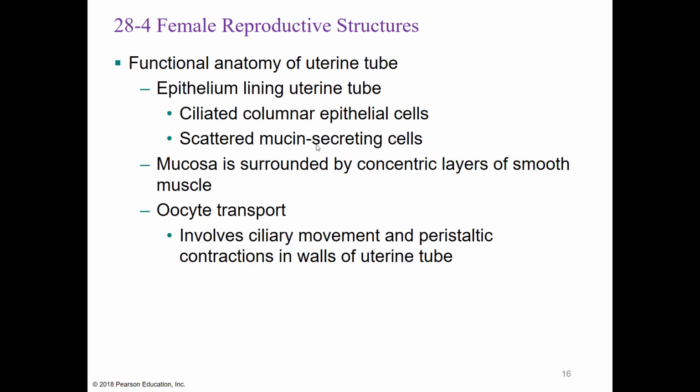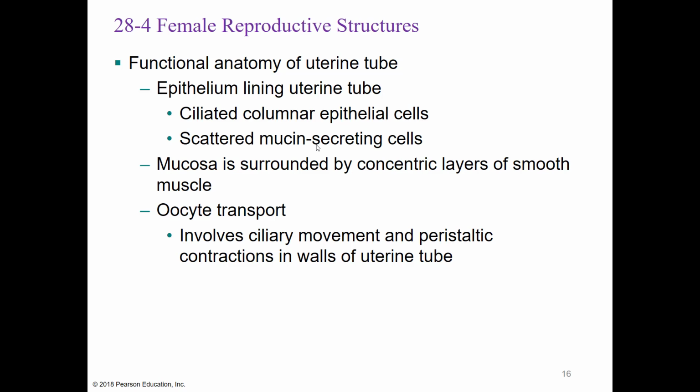The mucosa is going to be surrounded by concentric layers of smooth muscle, which we know is involuntary. And this is going to be important as we are attempting to transport the oocyte from the ovary to the uterus. We're going to need peristaltic or squeezing contractions of those fallopian tubes to get that oocyte to move forward.